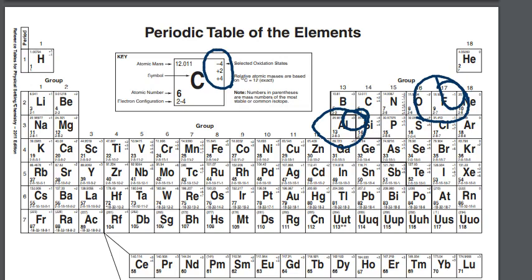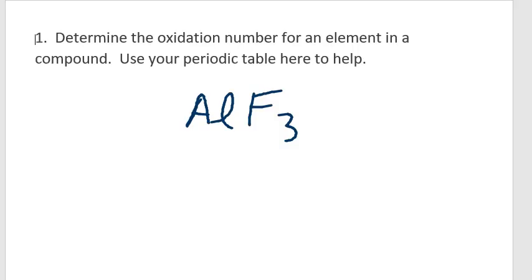Sometimes it's not as easy. For example, look at nitrogen. Look at all the different oxidation numbers that nitrogen could be. So let's go back and take a look at an example of that. So for our aluminum fluoride, aluminum's oxidation number is +3, fluorine is -1.